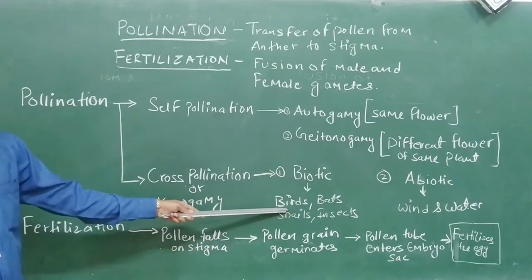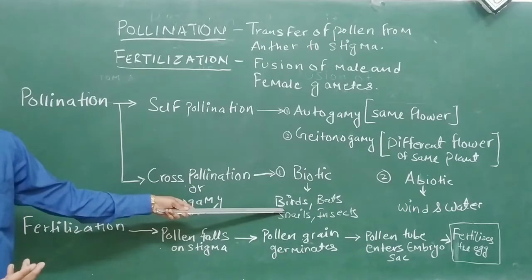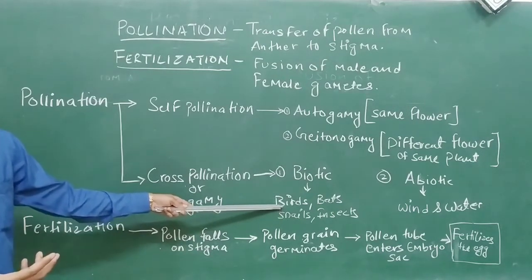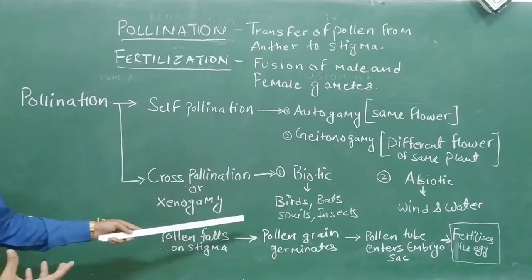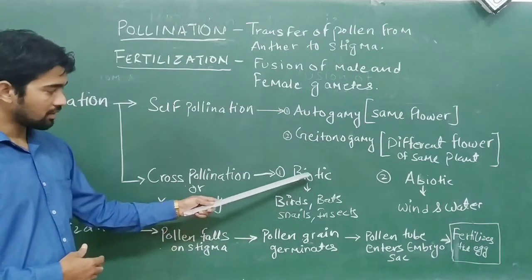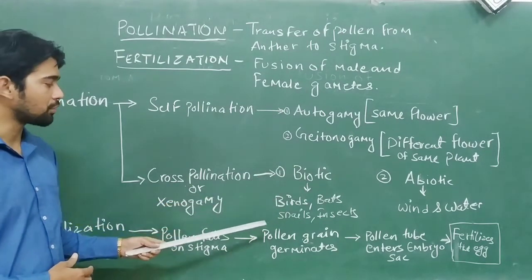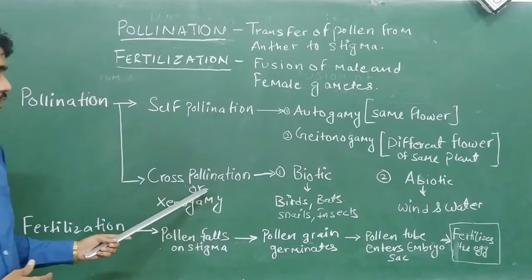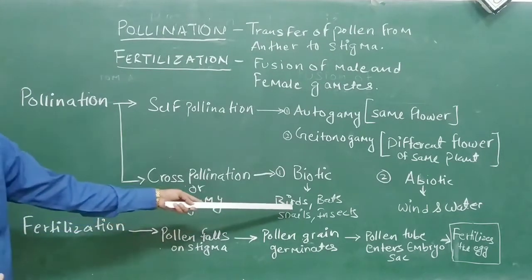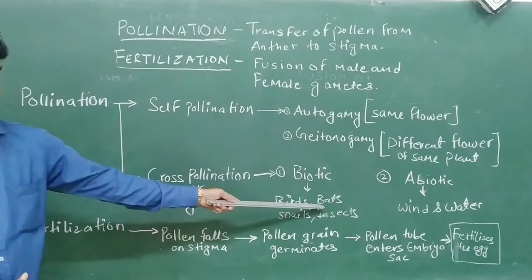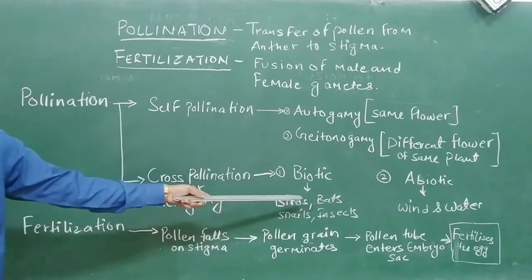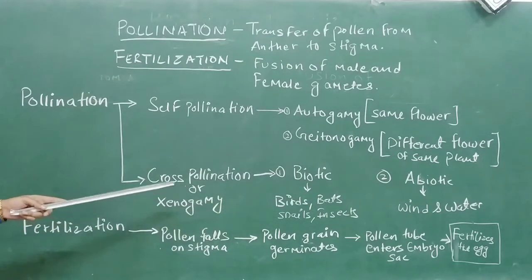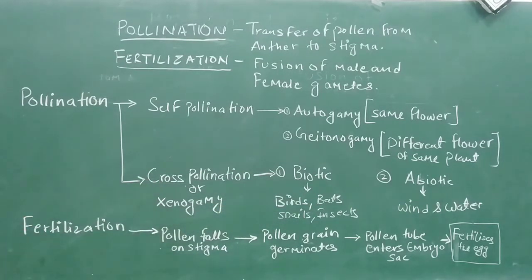Because if birds are pollinating a flower, then it will be known as ornithophily. So birds, if they are the biotic components doing cross-pollination, are known as ornithophily. In bats, it's known as chiropterophily. In snails, it is known as malacophily.